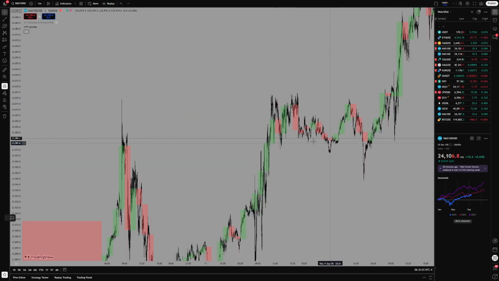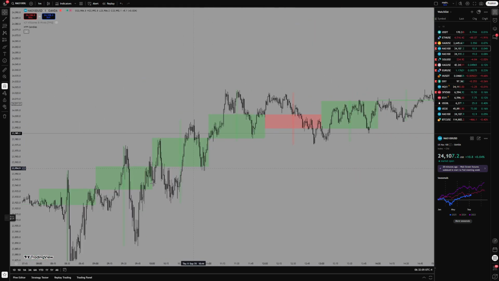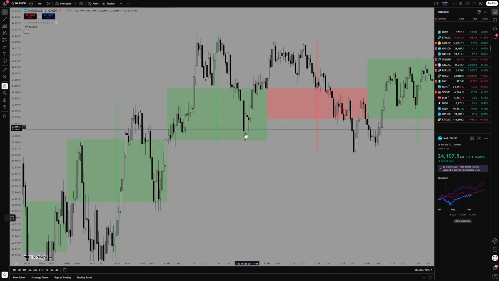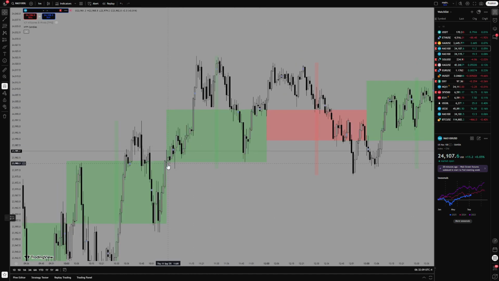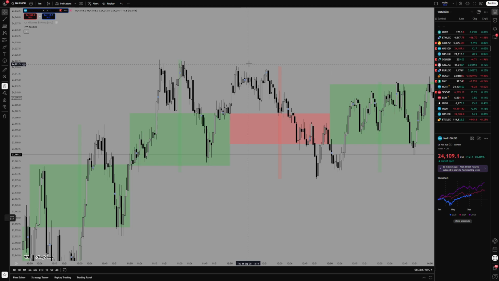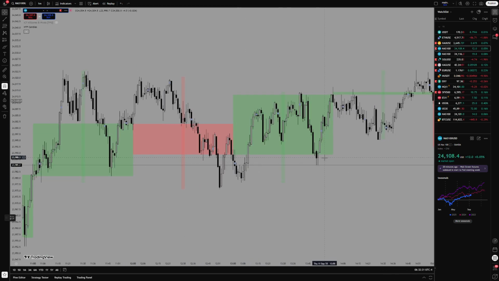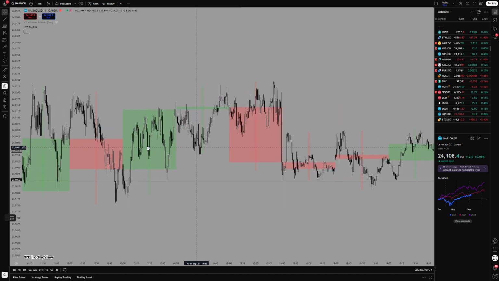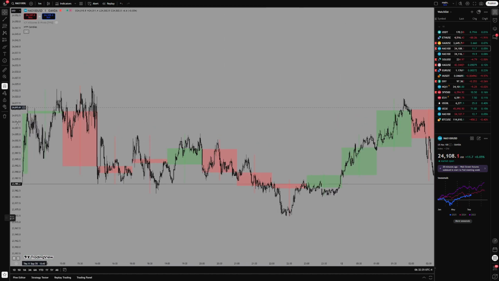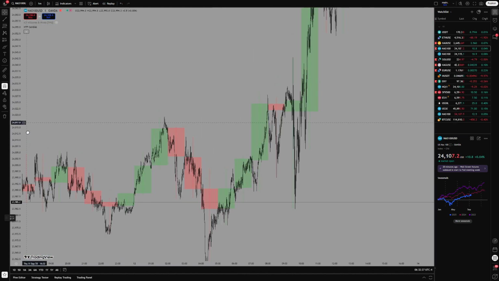Let's go back here and start zooming in. We can see candles and how they form. Open, high, low, close. Open, low, high, and then close. Using this idea, we can form better trading ideas.